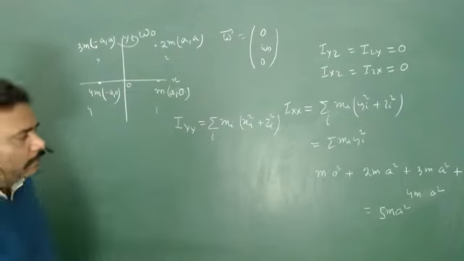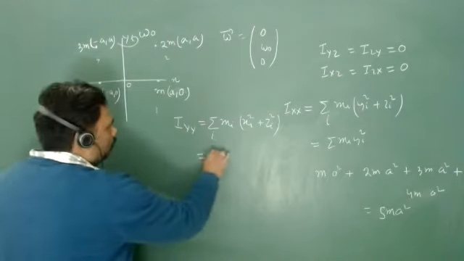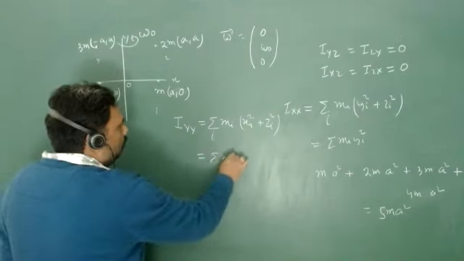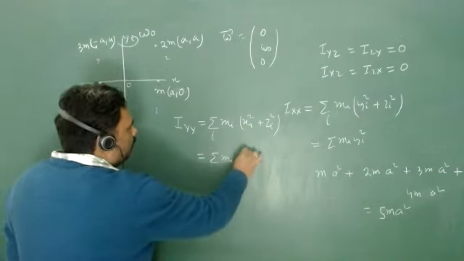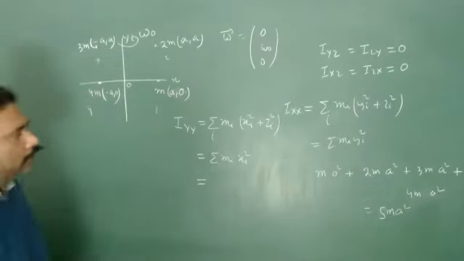Let's try to go for this next one and see what comes. Again, zi is 0. We have summation over mi xi square. And then what do you have?